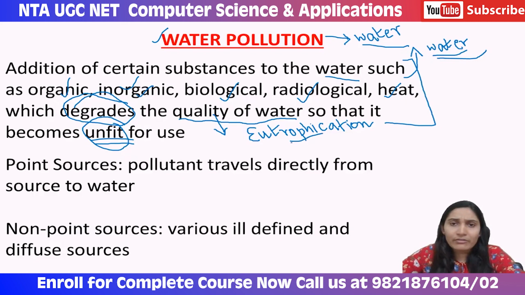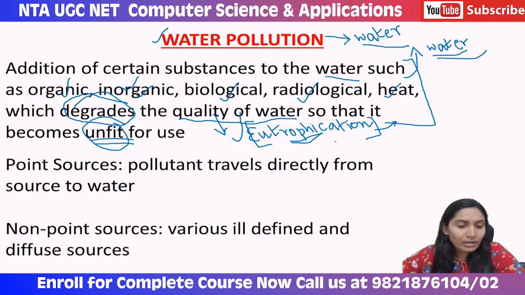Actually, eutrophication is the addition of nutrients, but these are nutrients for the microorganisms that live in the water. As a result of eutrophication, the microorganisms in the water will multiply, making it unfit for human consumption. Okay. Now let's come to point sources and non-point sources of water pollution.